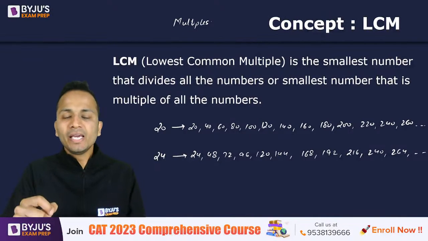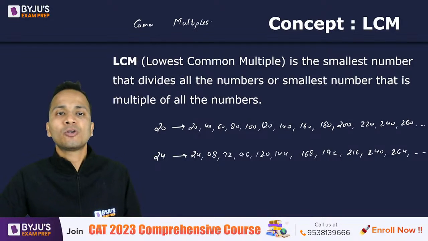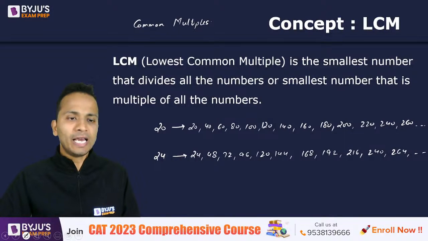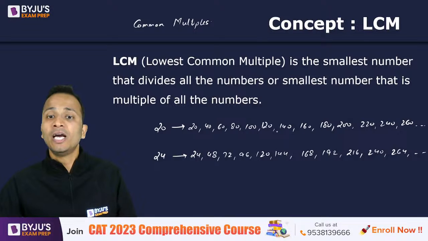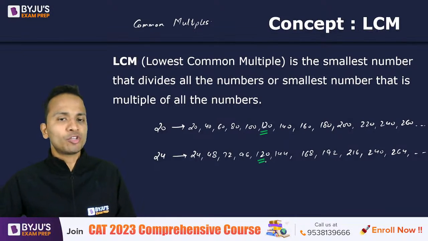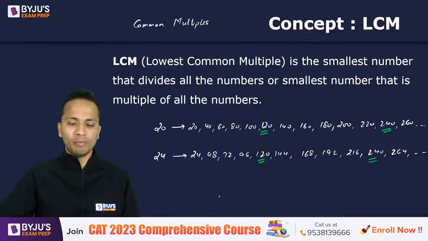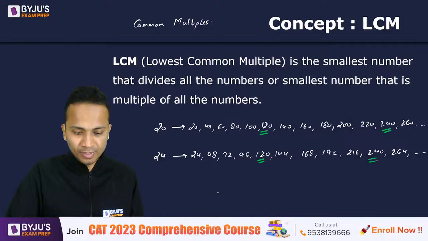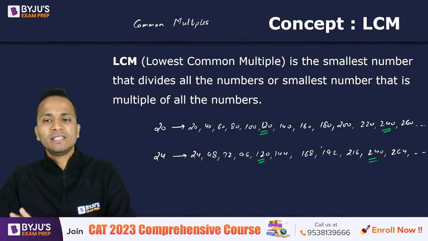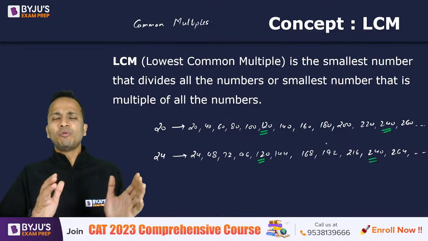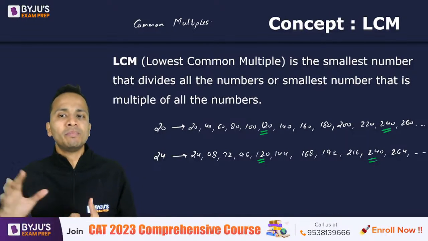Now my task is to find the common multiples of these two numbers. Again, I'll highlight some of the common multiples. Among these two numbers, I can see that 120 is one of the common multiples, and 240 is another common multiple, right? So 120 and 240 are two common multiples, and if I keep on writing the multiples of these two numbers, we may also find some more common multiples.